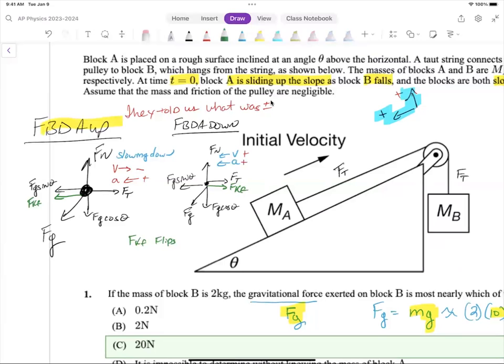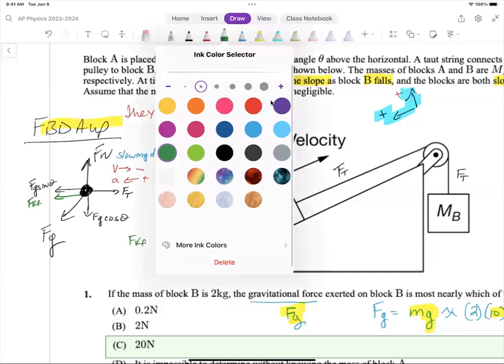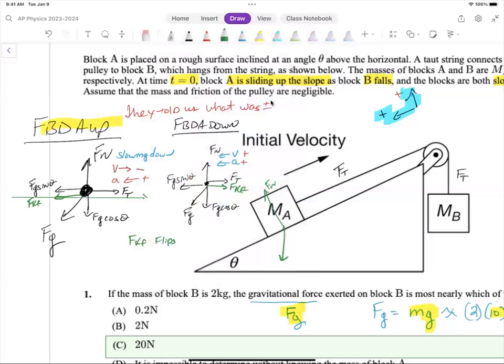Again, I don't like drawing my free body diagrams at an angle. I think I have to see it in what I'll call the new x-axis. This is my x-axis, and this is my y. I can't see it at an angle.